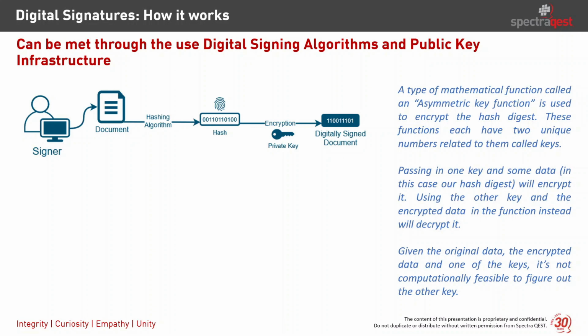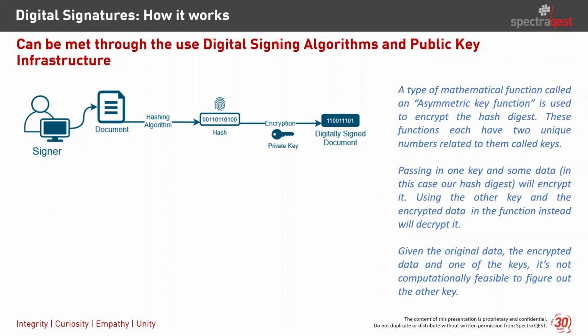You get an encrypted version of that input. Now, if you take that garbled output and take the second, special number that's related to that function, and pass those through the function, you get the original input back again. So you decrypt it. One number encrypts, the second number decrypts. And it works both ways. I can use either number to do either thing.